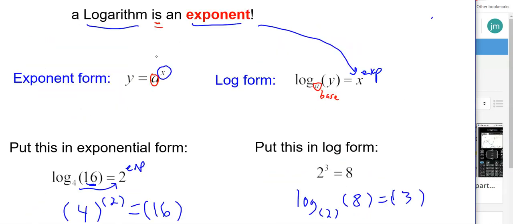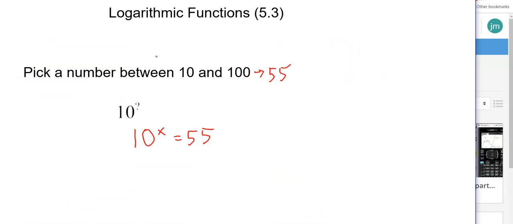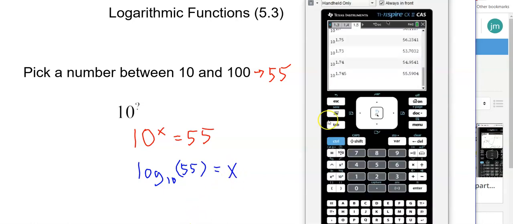I want to go back to the first problem we had. So if you want to solve this one, we could put it into log form. We could say log base 10 of a number, 55 in this case, equals the exponent x. If we just typed into our calculator log, where's the log key? Above 10 to the x.